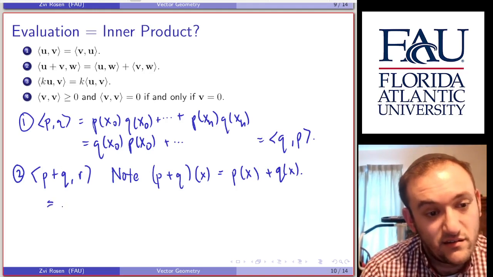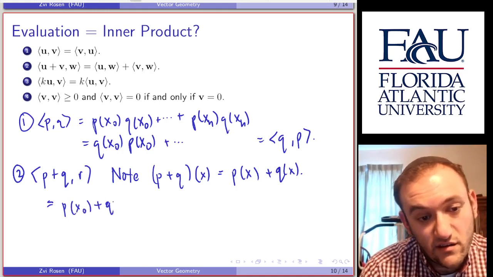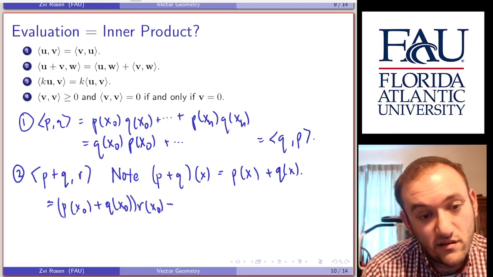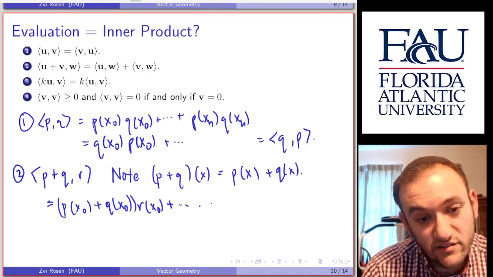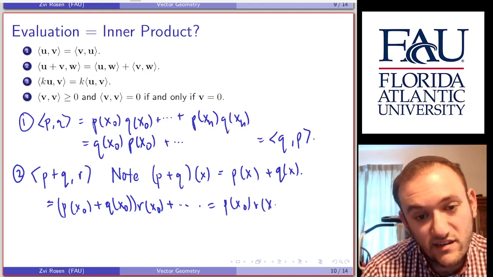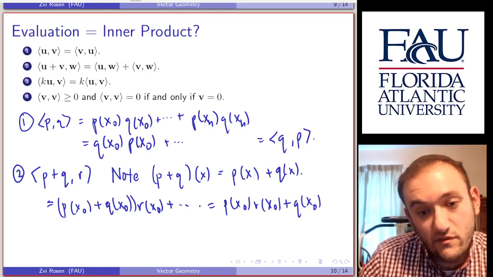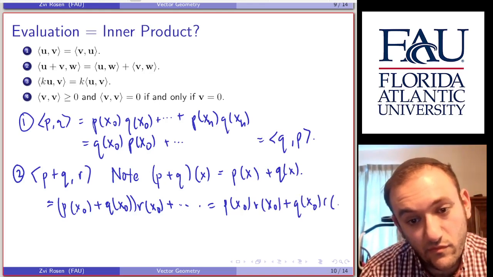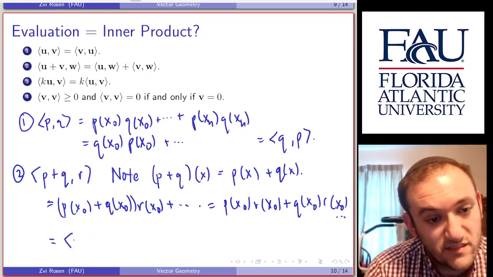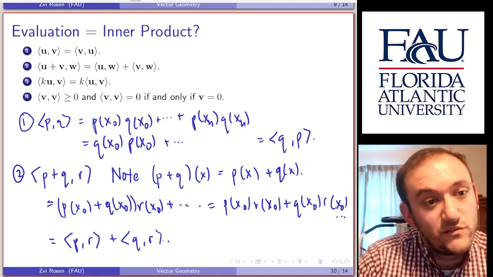So that would mean that p of x0 plus q of x0, times r of x0, etc., can be expanded as p of x0 r of x0 plus q of x0 r of x0, etc., which is the same as ⟨p, r⟩ plus ⟨q, r⟩. Okay, two more properties to go.